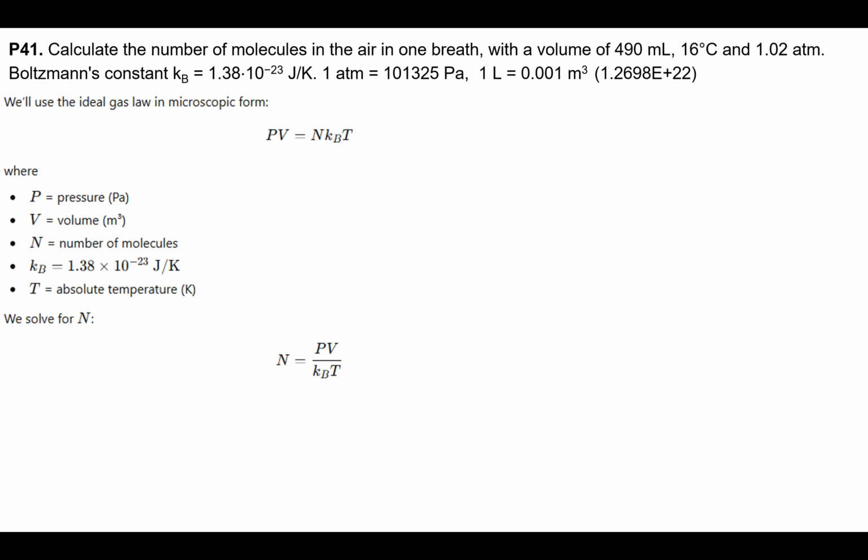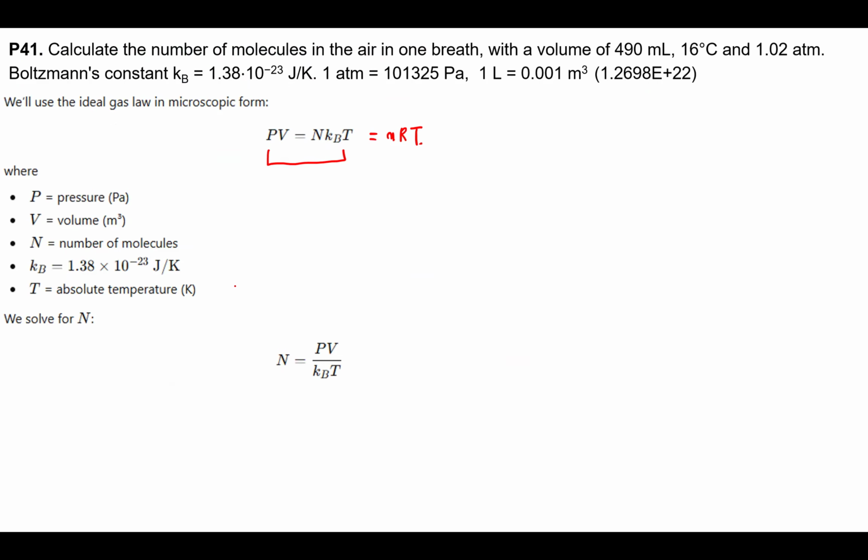Calculate the number of molecules in the air in one breath with a volume of this value. The temperature and pressure are given. We note that the ideal gas law is PV equals N k_B T, which is equivalent to nRT.